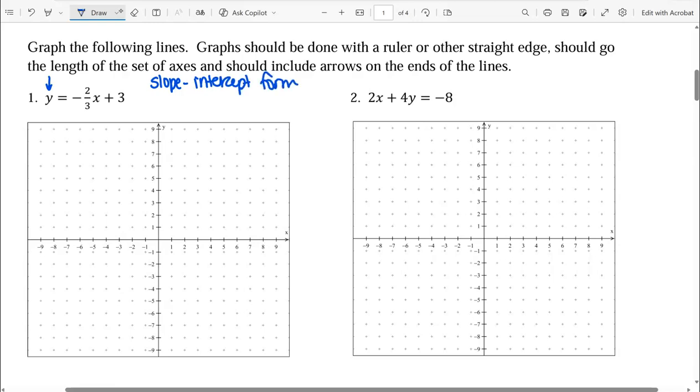And we call it that because my slope can easily just be read off as the number in front of the x, take that negative with it, negative 2/3. And then my y-intercept is the b term. Whatever number is by itself has 0 in the x spot, and in this example, the number 3 fills in that y-intercept, that y value.